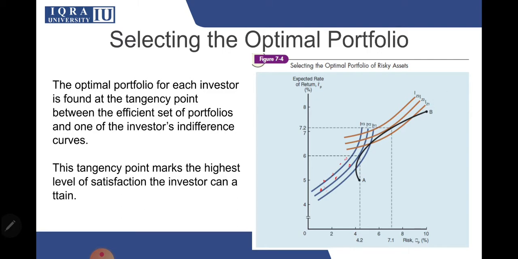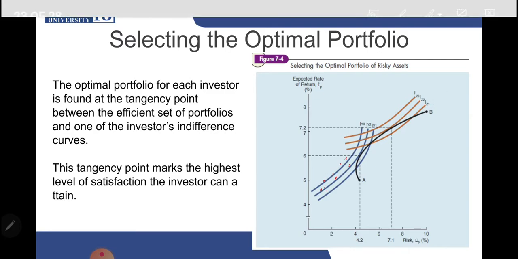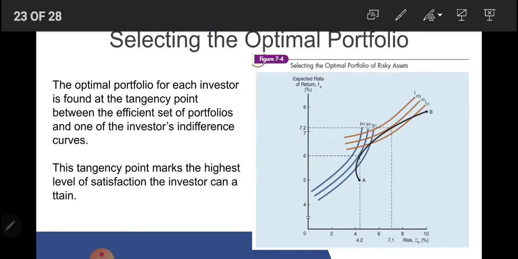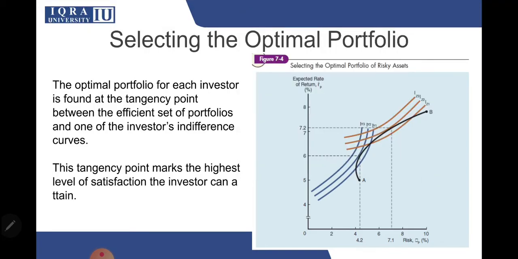Now which point should be selected over here? I'm going to erase the points that I have written. The point where your indifference curve is tangent to the efficient frontier, that is the optimum point of selection.